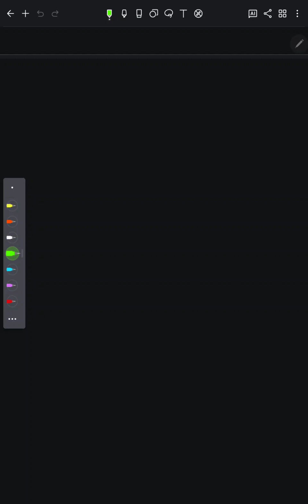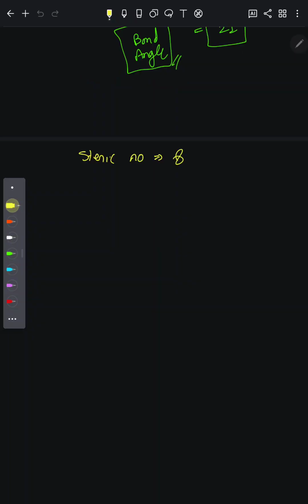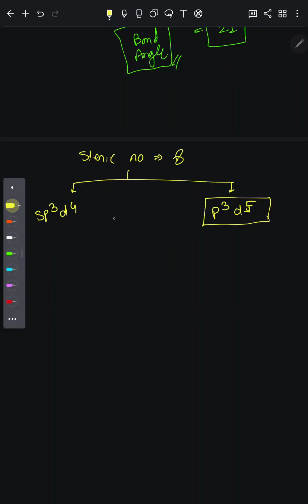Now let's discuss the next steric number, which is 8. In steric number 8, we will get two hybridizations, which are sp3d4 or sp3d5. These two hybridizations can be possible in steric number 8.